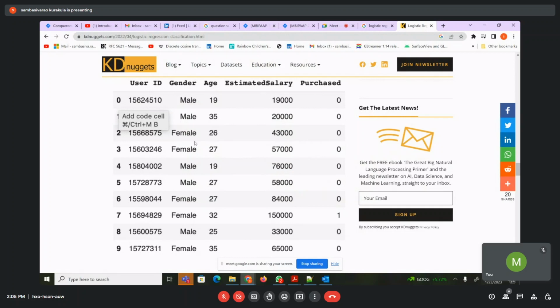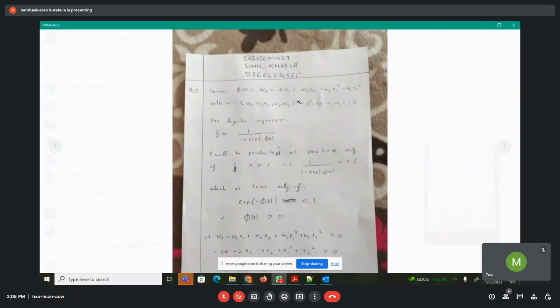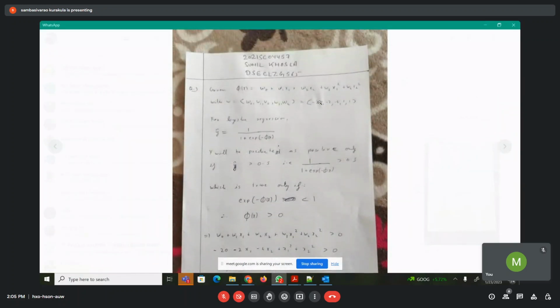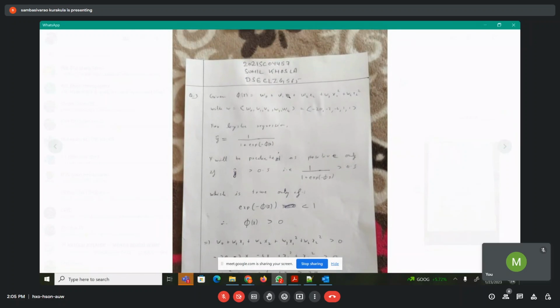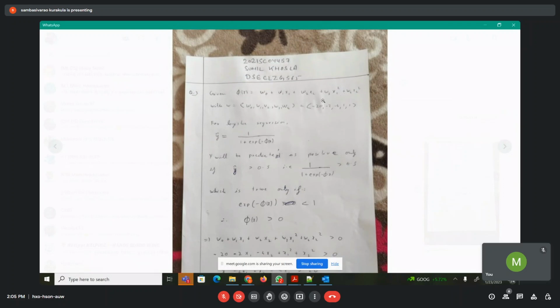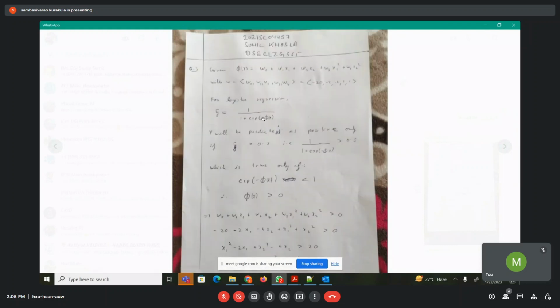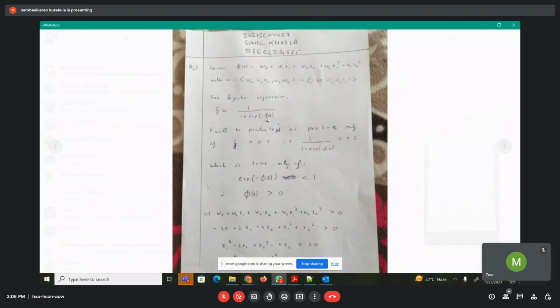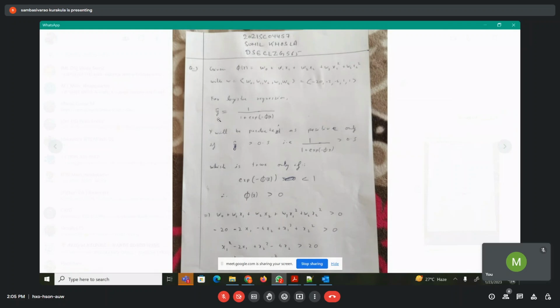So when you actually get to a number scale, then we have x1, x2, x3 values, and you initially consider some weights. Let's say in this problem we considered the weights to be minus 20 to 4, 1. And they have given the equation also here. So how the x1, x2 values will be substituted in this 1 plus e power minus theta x equation so that you get some y value.